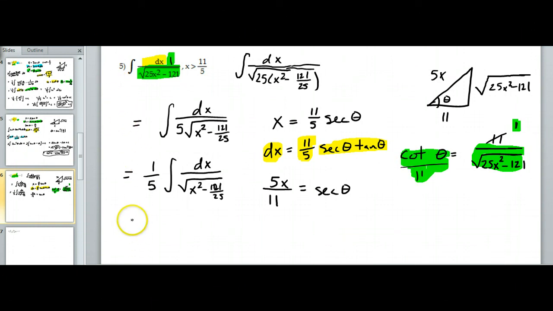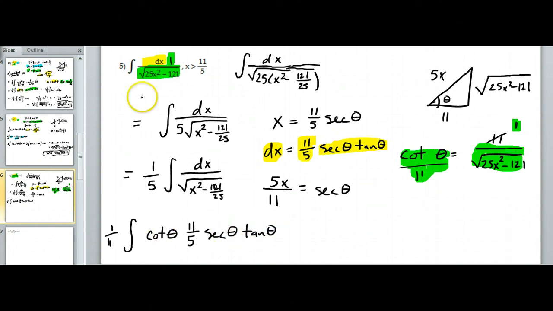Alright, so I'm going to make my substitution. I'm going to pull the 11 out, 1 over 11 times the cotangent, that's in the green, cotangent theta. And then the yellow is dx, that's 11/5 times the secant tangent.